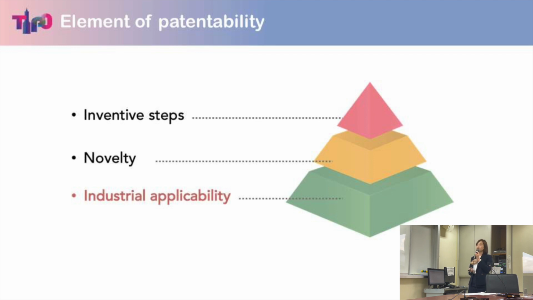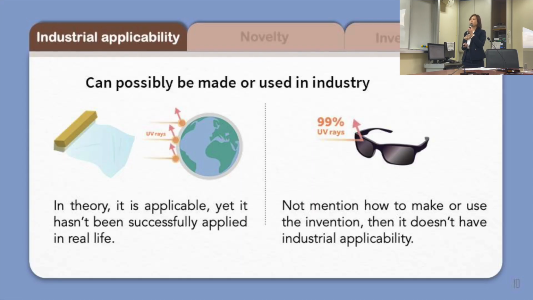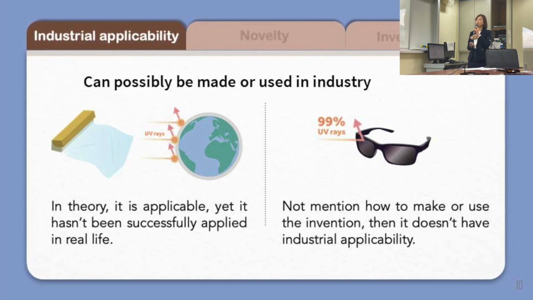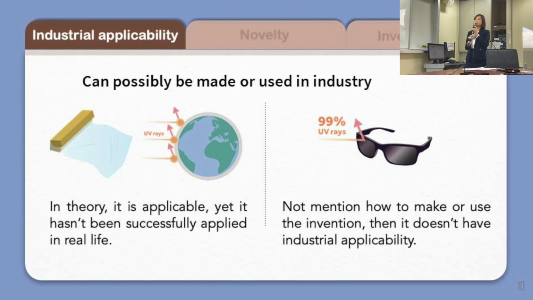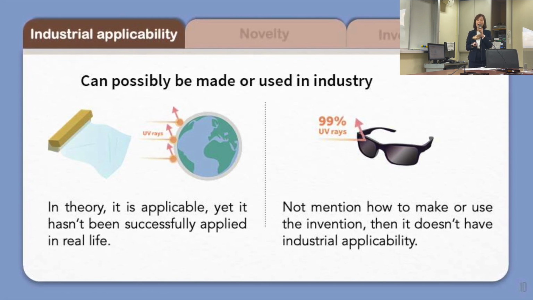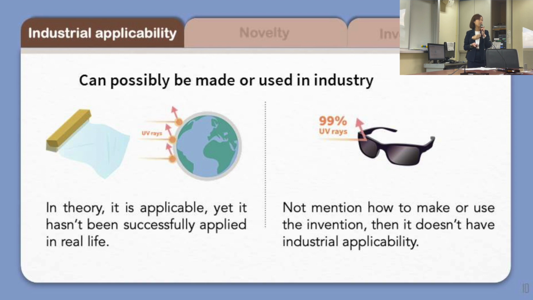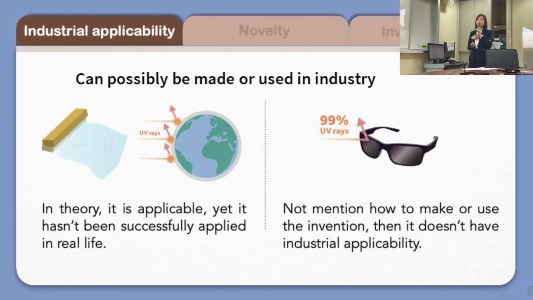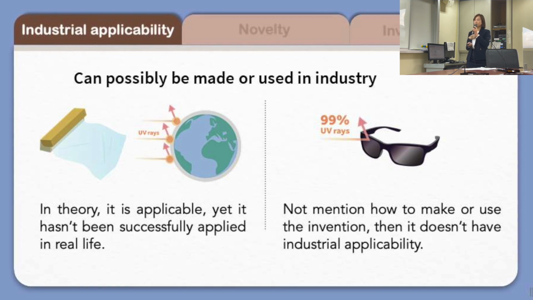So we take two simple cases as examples. First, in theory, in order to prevent global warming, we could use plastic wrap to cover up the entire Earth. However, it is not possible to do in real life. Therefore, it doesn't have industrial applicability.